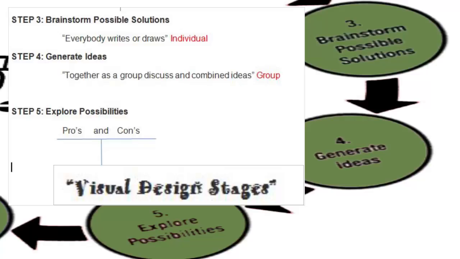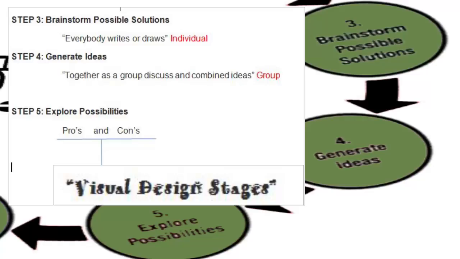Step 4 is generate ideas as a group. Step 3, each student draws their own pictures. Step 4, you come together as a group and you share your ideas. You share with each other. You generate. You look at the good and the bad, and then together you generate one design.